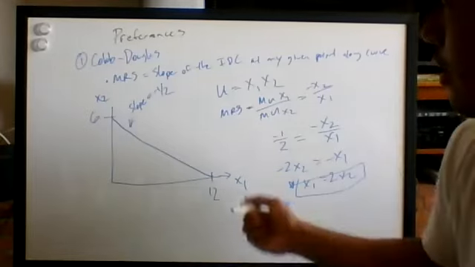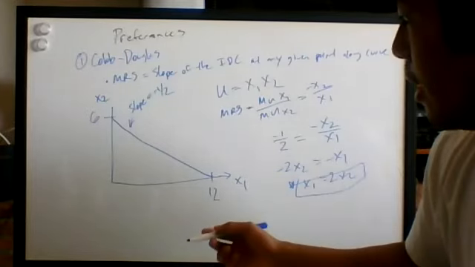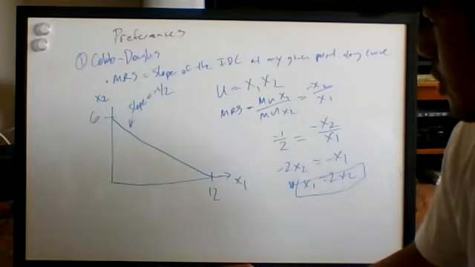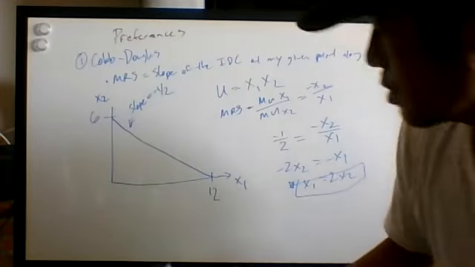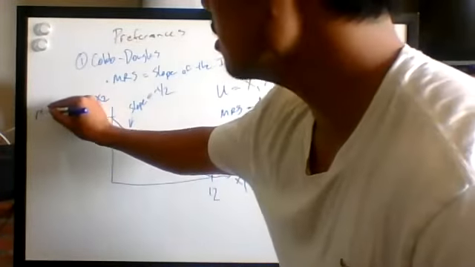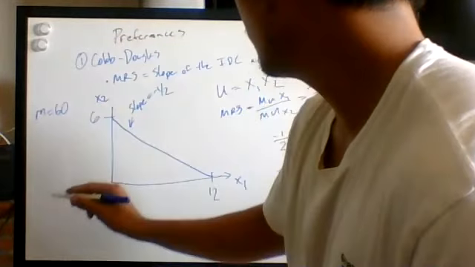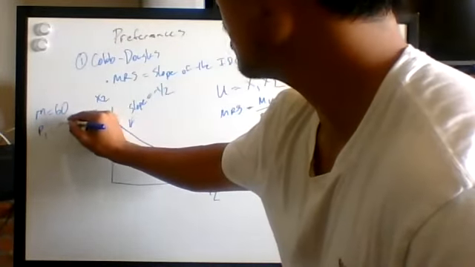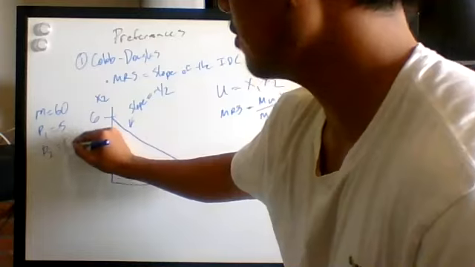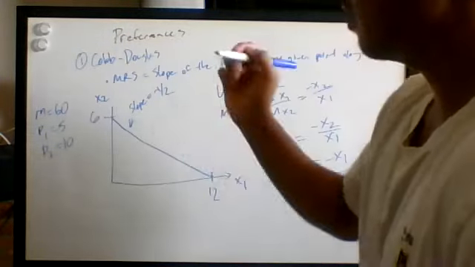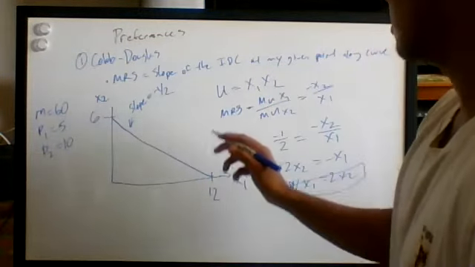So let's say that m was equal to 60, P1 was equal to 5, P2 was equal to 10. I feel like I use these numbers all the time, but they work fine, so it is what it is.